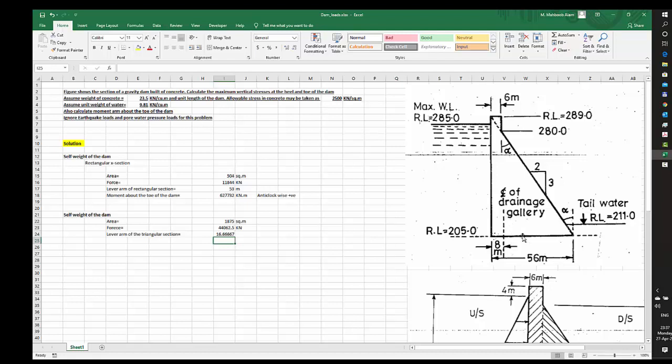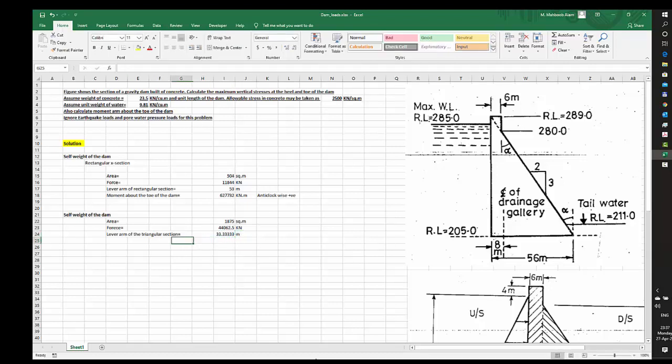But I have to calculate it from the toe. So I have to subtract it from 50, because the total width is 50. 50 minus this value would give me now the, so I'm simply putting two brackets here. 50 minus this value, and this would give me the lever arm in meters.